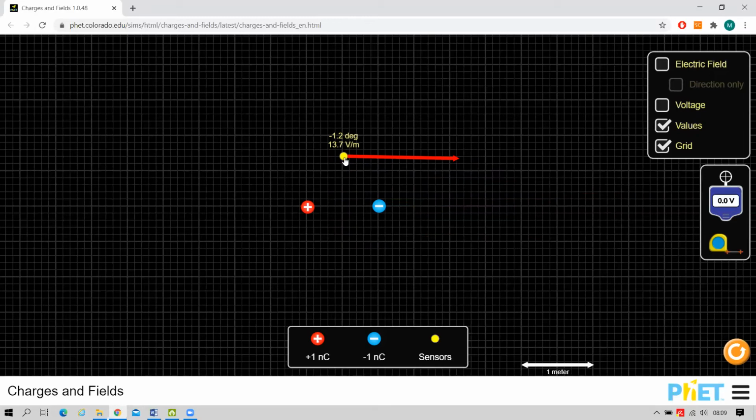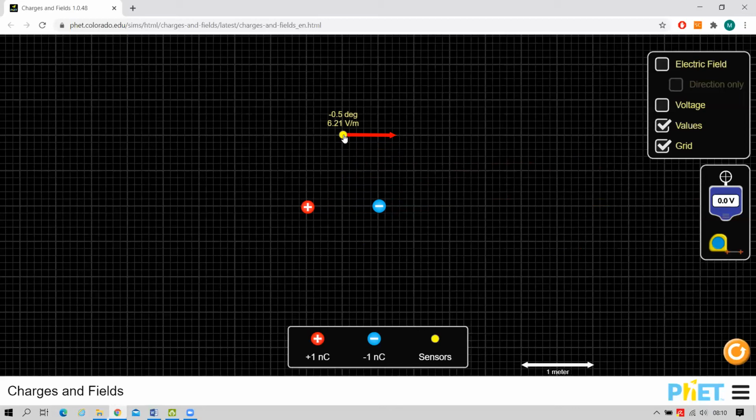But again, as you move away from the system, the strength of the electric field is decreasing. Again, over here, as you move away from the origin, the strength of the electric field decreases. And you will check that this decrease goes as 1 over r cubed.